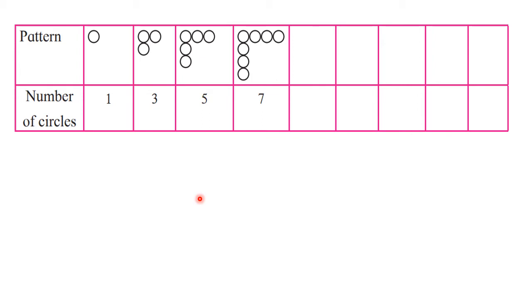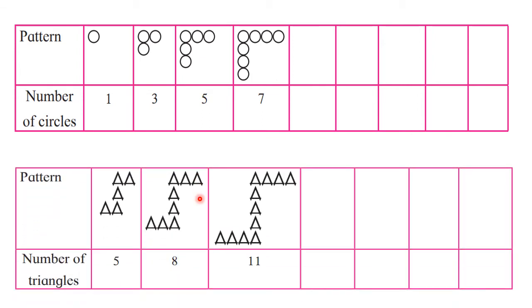Let us take one more example of patterns. Here also you will observe a pattern. In the first pattern you will find that 5 triangles are there. But now, while adding, what they have done is added one triangle everywhere: in horizontal lines also one triangle is added, and in vertical lines also one triangle is added.